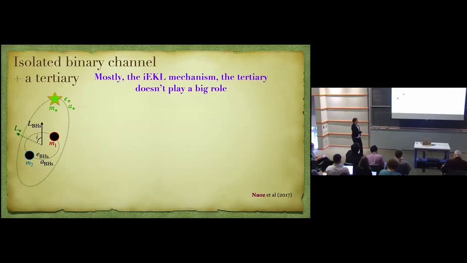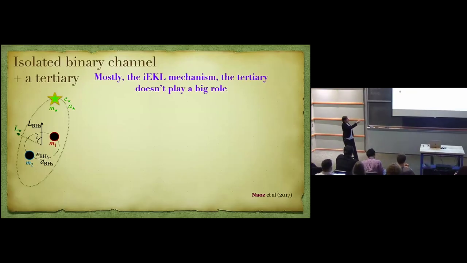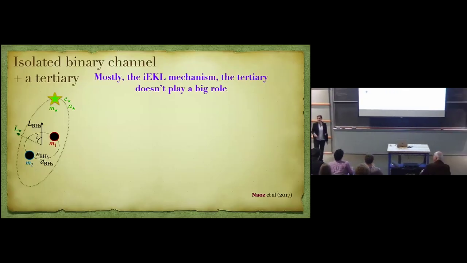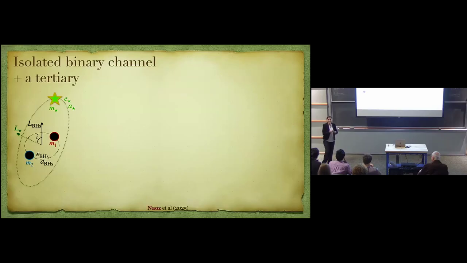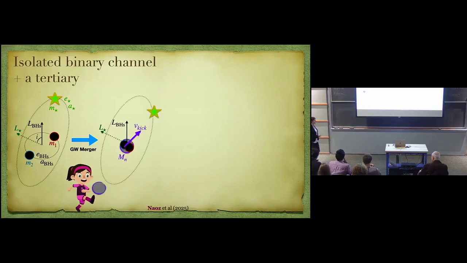All right, so here is my system. I have a binary black hole. I have a star. I will let the binary black hole merge, and I'll ask what will happen to the star. So we know that when two black holes merge, if the mass ratio is different, we will have a gravitational wave recoil kick.